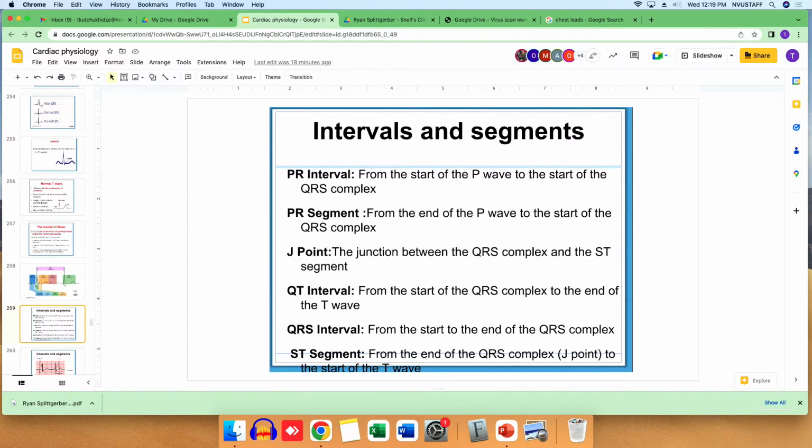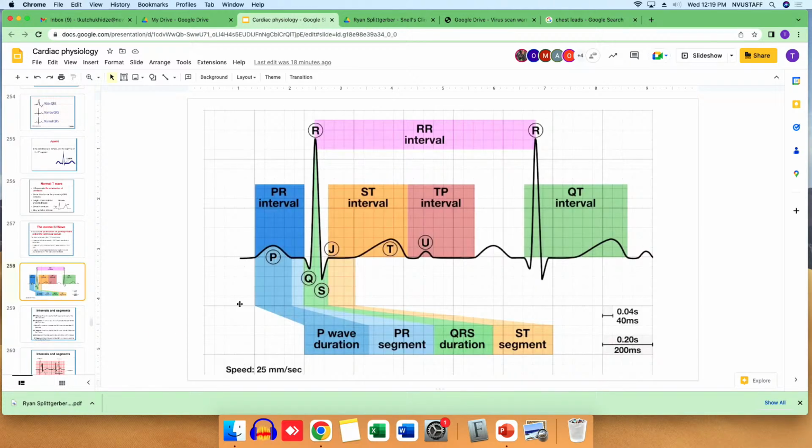So when we're having PR interval, it is starting from the P wave till the start of the QRS complex, and as you see here, PR interval, it is starting from the P wave until the start of our QRS complex, right? Our PR segment will be from the end of our P wave and the beginning again of the QRS, and we're having TP interval.